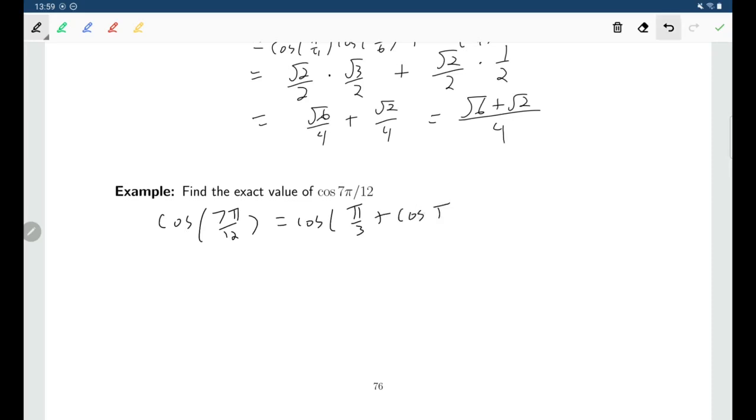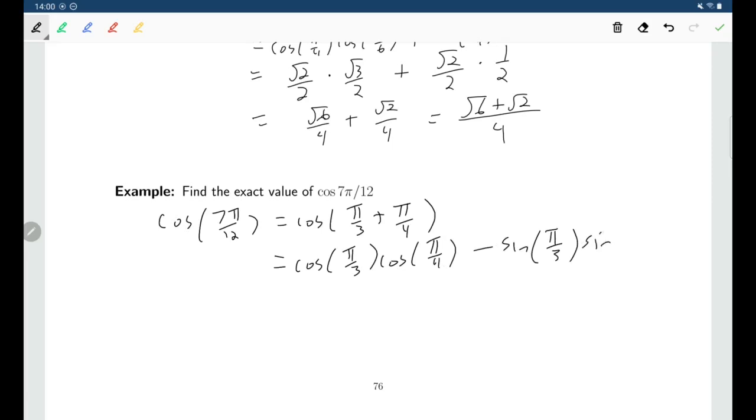And now we just need to use our sum identity for cosine. Cosine of one angle plus another is cosine of the first angle times cosine of the second minus sine of the first angle times sine of the second. And then you would just use your special triangles to find cosine of pi over 3.